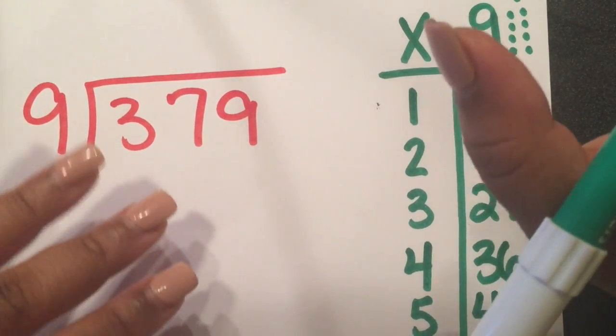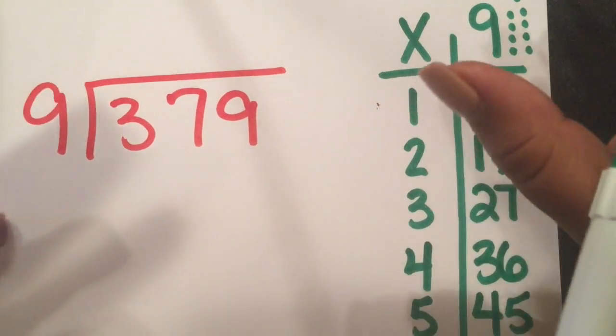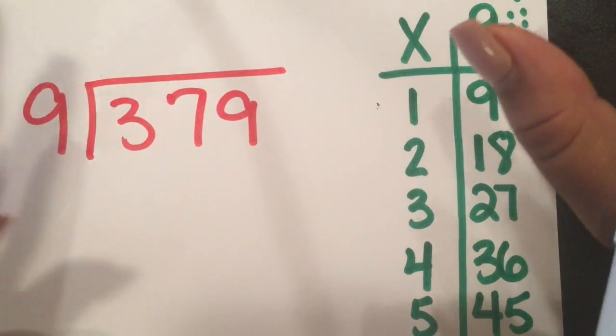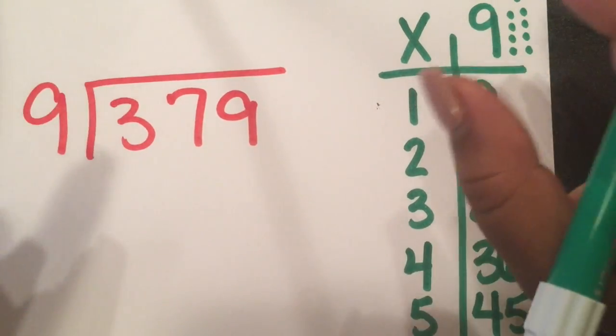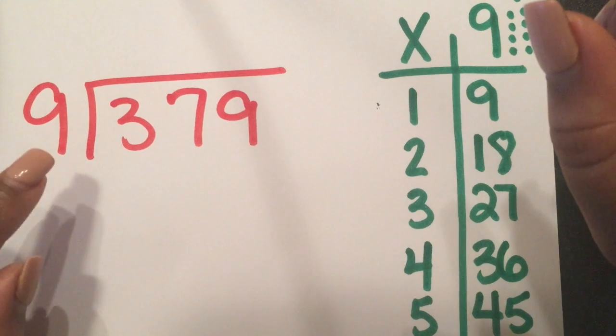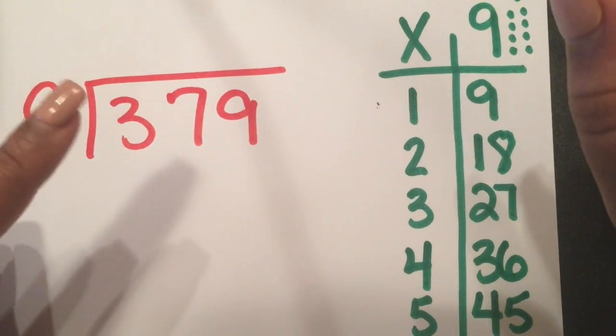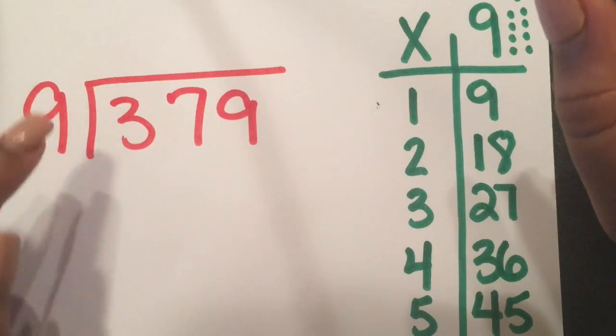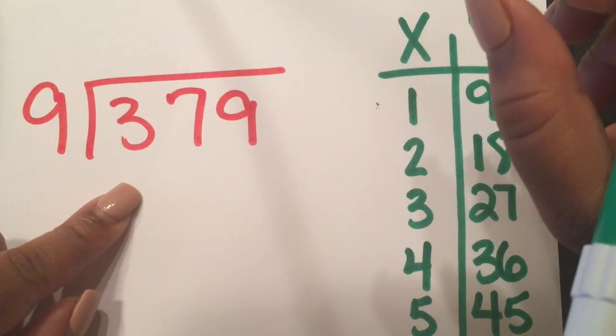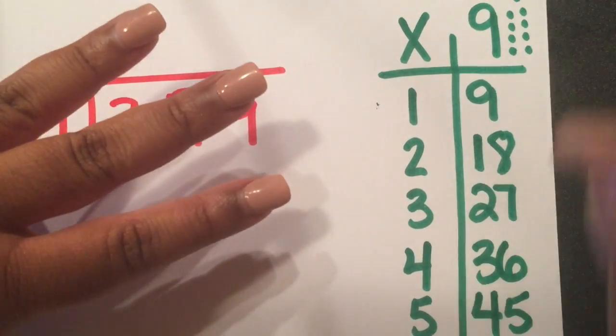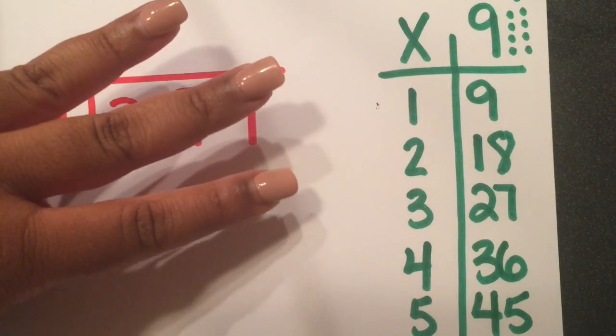So now I'm going to start this long division, because it's a long way to go here. I'm like, can 9 go into 3? First of all, I know the answer is no because 9 is too big. If I have 3 fingers, can you take 9 out of this 3?